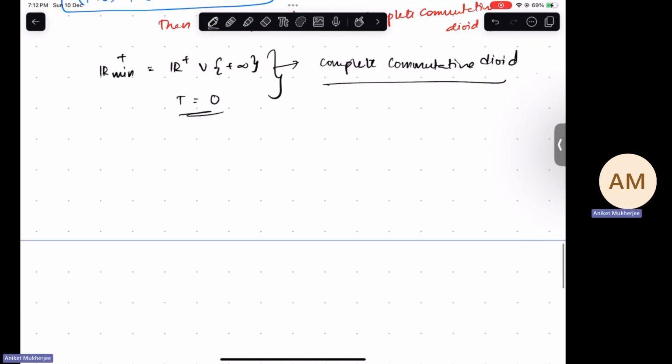So next we'll go into something of the dioid of min plus functions.